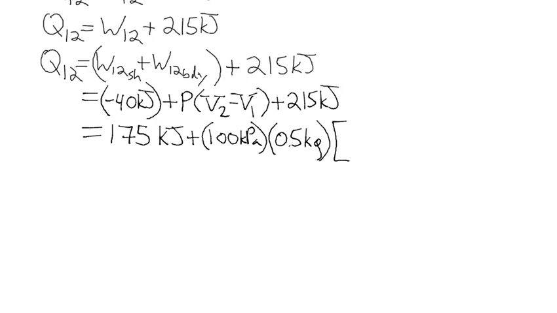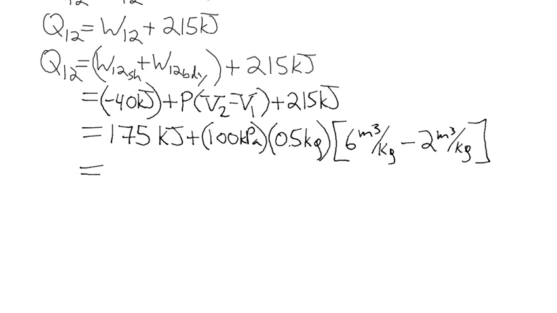So we could break it down by doing 3v1 minus v1 gives you 2v1, or we could just rewrite it saying that 3 times 2 is going to be 6, so 6 meters cubed per kilogram minus 2 meters cubed per kilogram. Either way makes sense to you. That's the difference between these specific volumes. Okay.